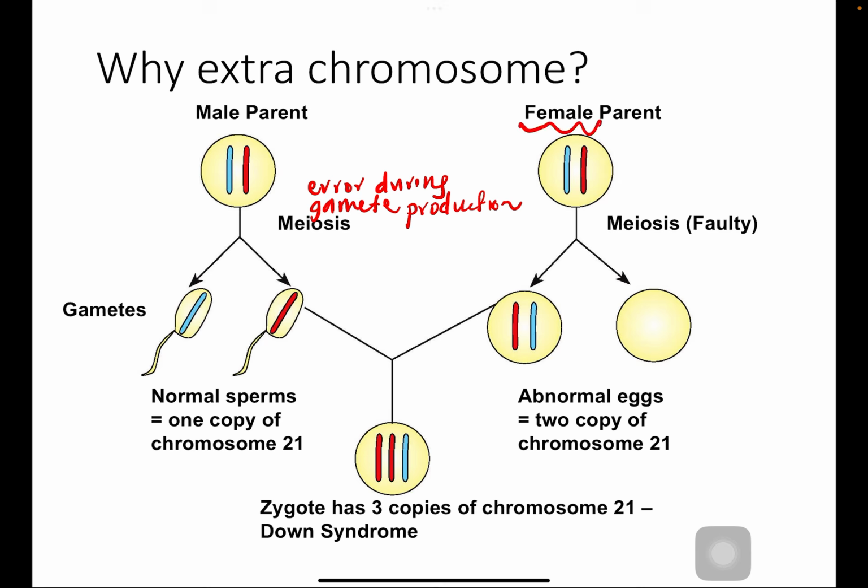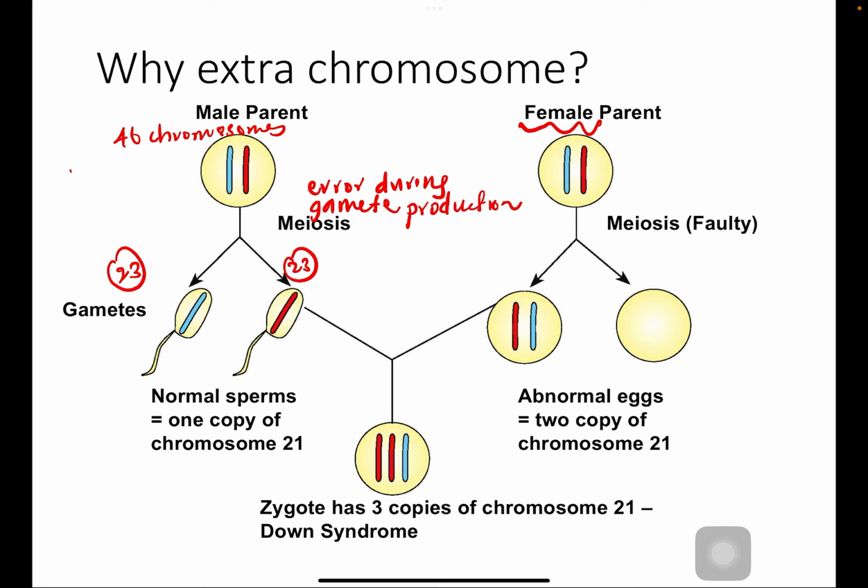During the production of gametes, your sperm and your egg, each sperm and each egg should receive half. So if your normal cell has 46 chromosomes, each of these gametes should receive 23 each.